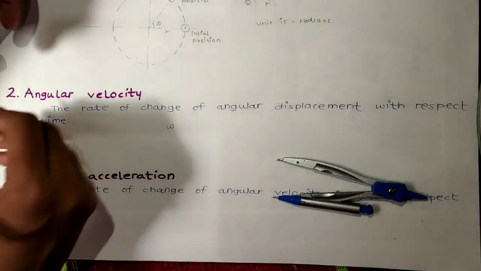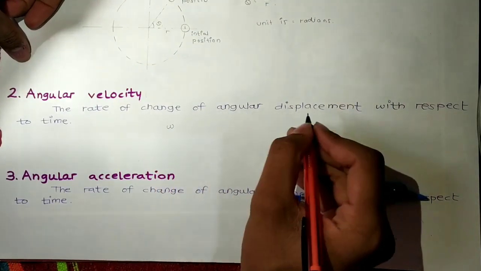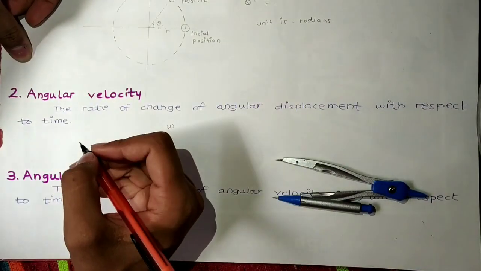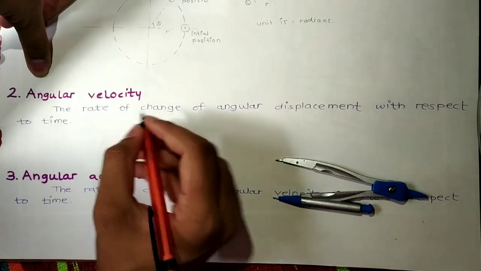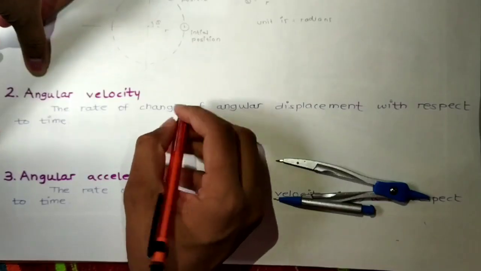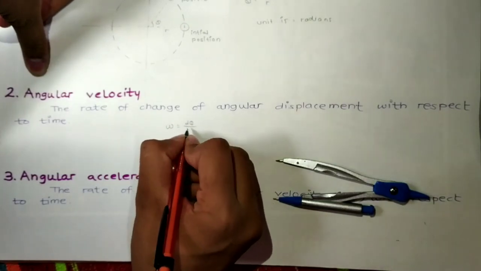Now next topic, angular velocity. The rate of change of angular displacement with respect to time is called angular velocity. For angular velocity, the formula is omega is equal to d theta upon dt.